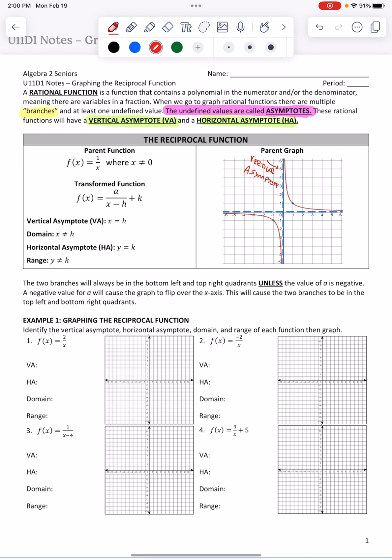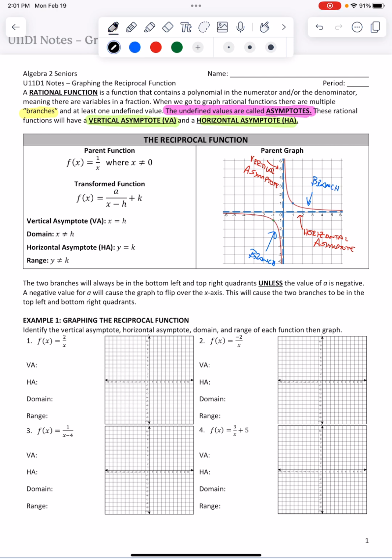Okay. And then this horizontal dashed line, this is our horizontal asymptote. Okay. And then the 2 red lines over here, these are our 2 branches. Okay. So we got that.